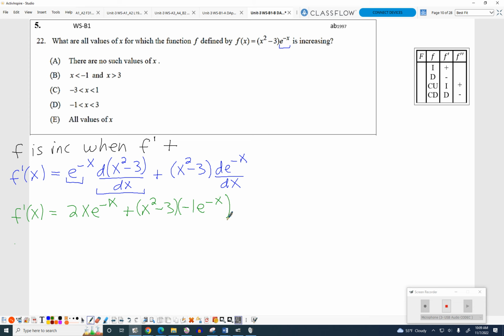Yep. You want me to talk about it, show more detail? Perfect. Let's go Lexi. Now what? Then you can pull out e to the negative x. So then you'd have f prime of x. Hold on 1 second, Lexi.